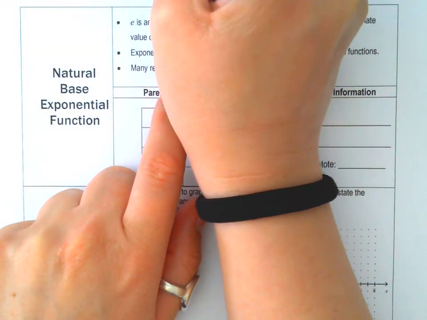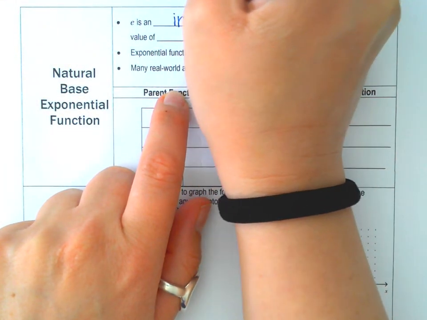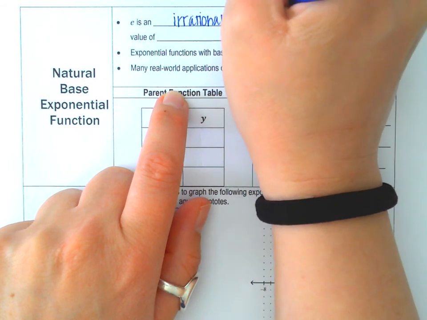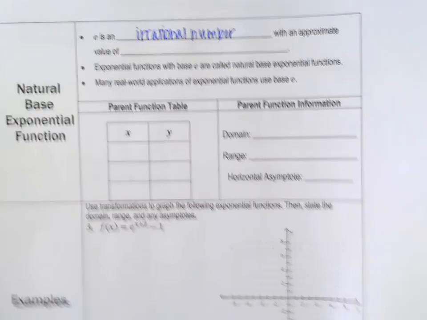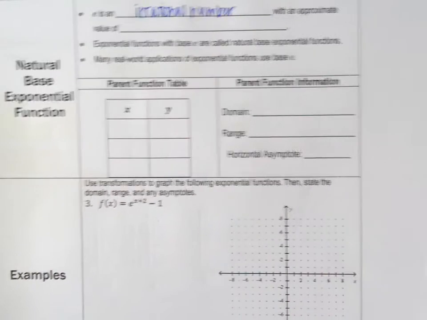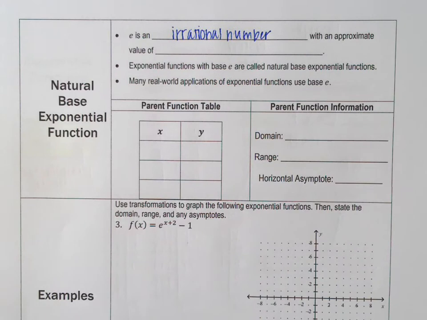So e is an irrational number. It's similar to pi in the sense that it's an irrational number that goes on forever. And it's used so often that we had to put a symbol to it instead of using this ongoing number.